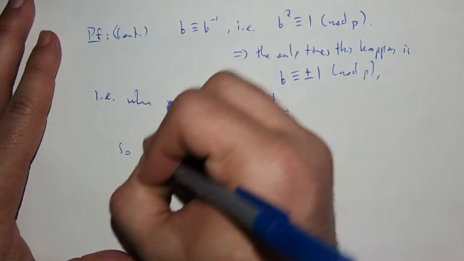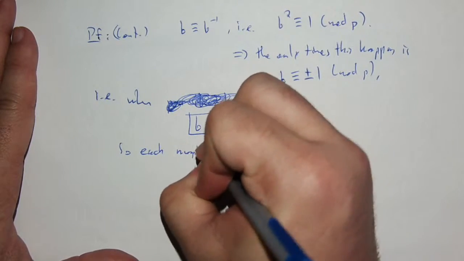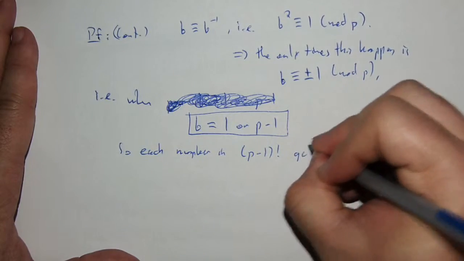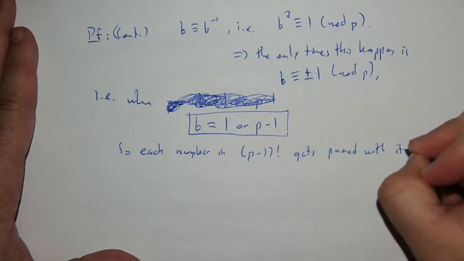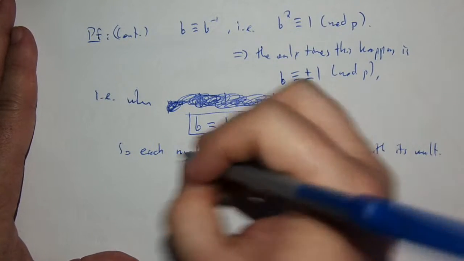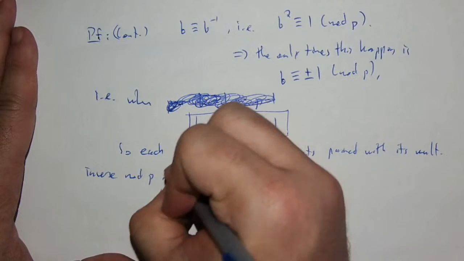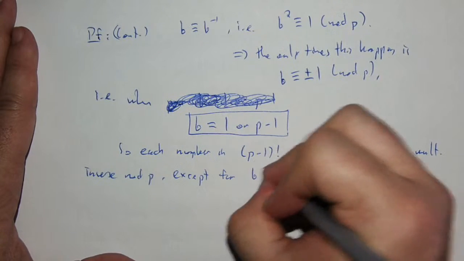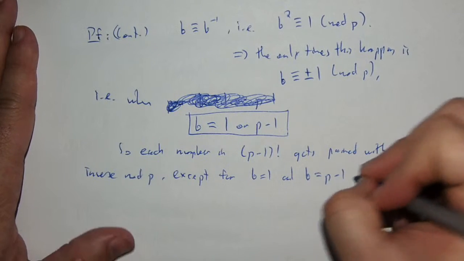So each number in p minus 1 factorial gets paired with its multiplicative inverse mod p, except for b equals 1 and b equals p minus 1.